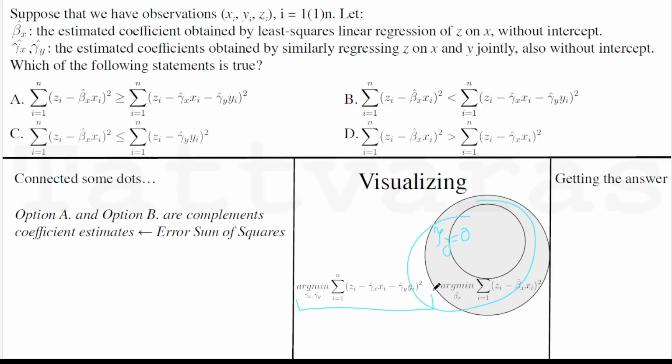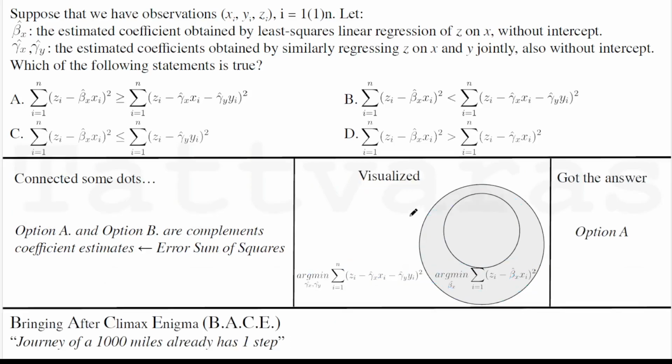And the moment you do that, this term vanishes from the setup, and what you end up with coincides exactly with the first model. The notation may be different, but they are telling the same thing. This is why we see that the set of possible solutions considered for the coefficient of x in the first model is a subset of those in the second model. And that's why the answer is option A.